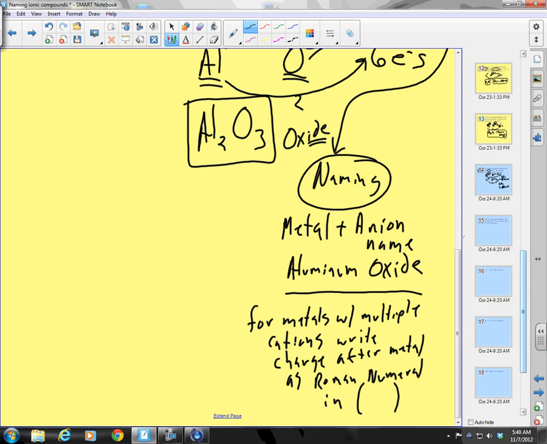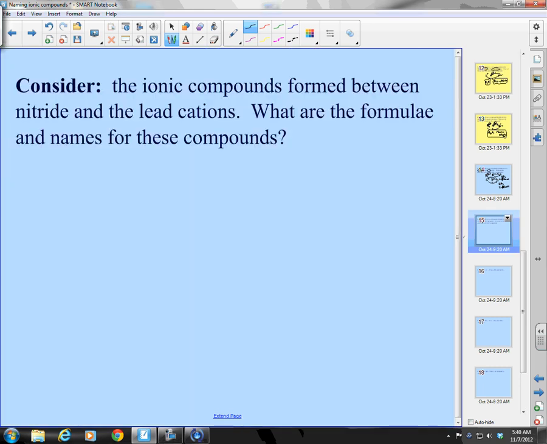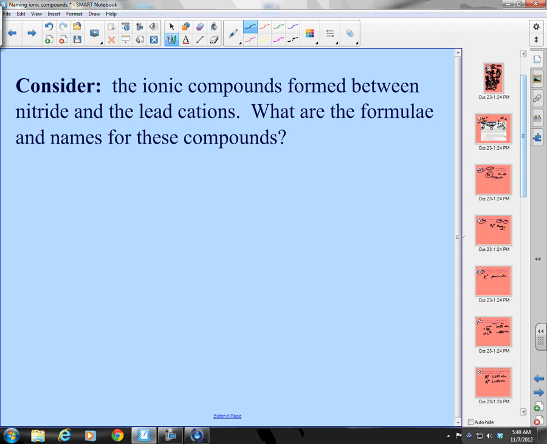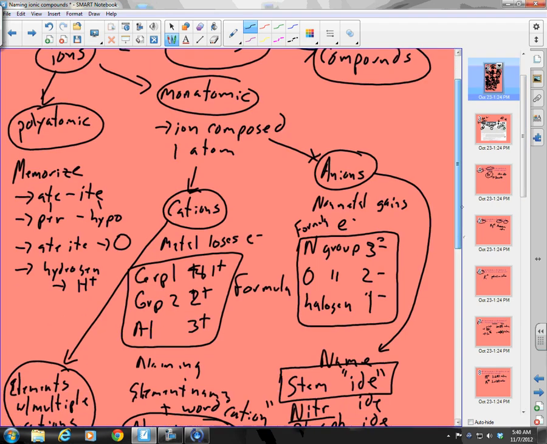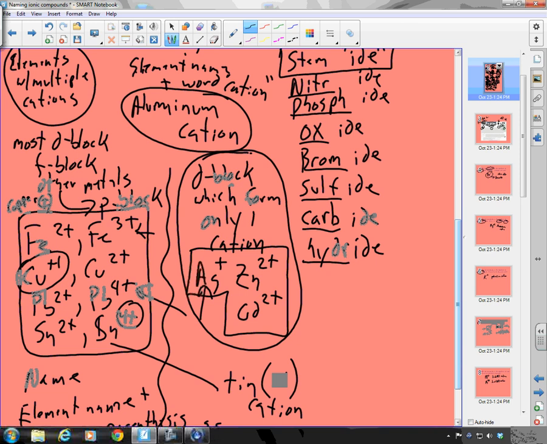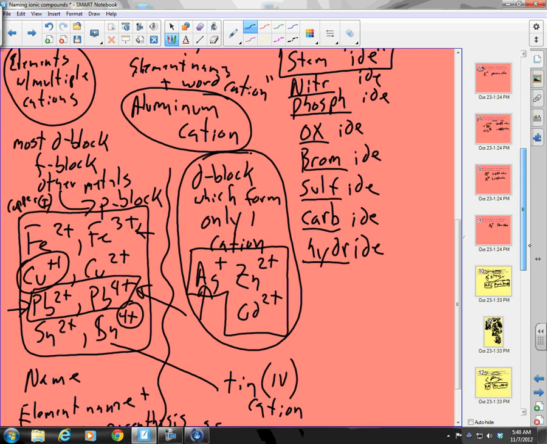Right? Good. Here you go then. The ionic compounds formed between nitride and lead cations. Give that a shot. Give me a pause and bring me back when you're done. Well, if you recall from our notes, the last lecture, we said that lead forms a +2 and a +4.